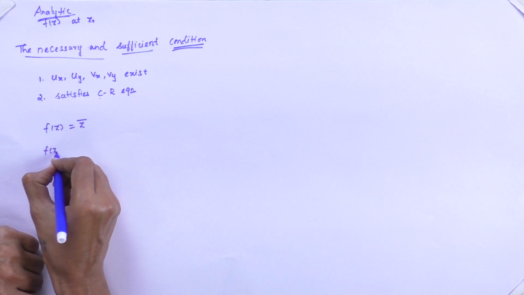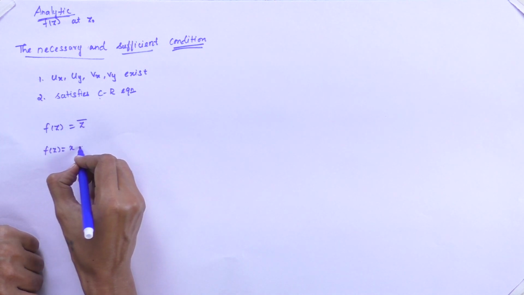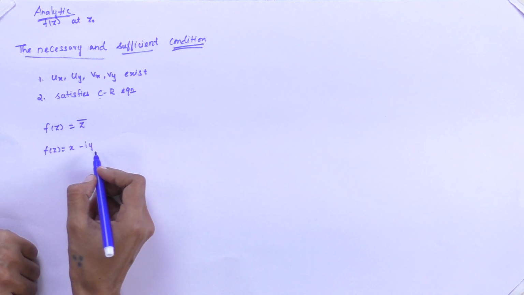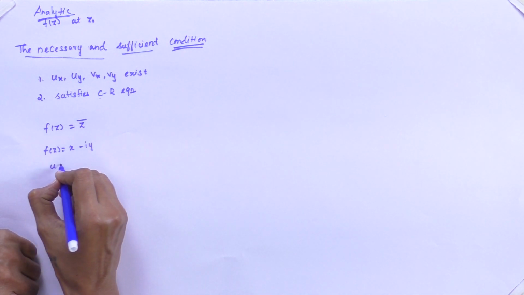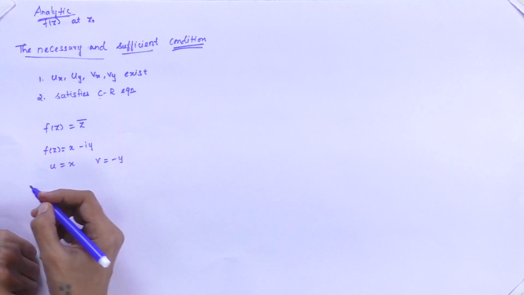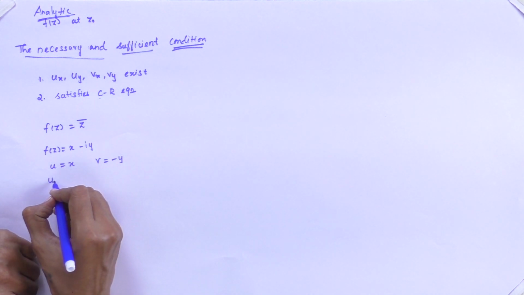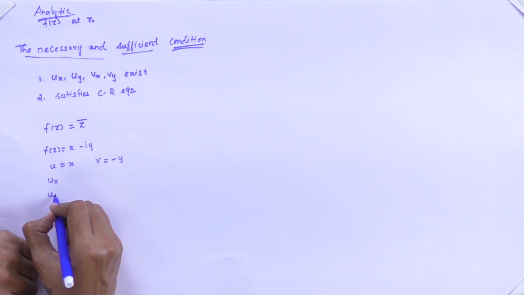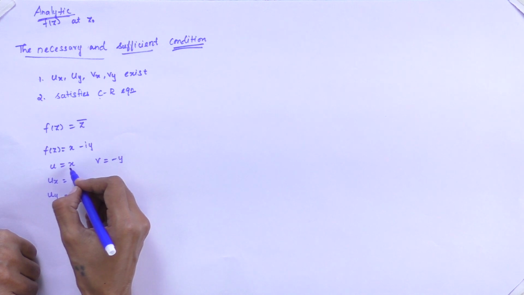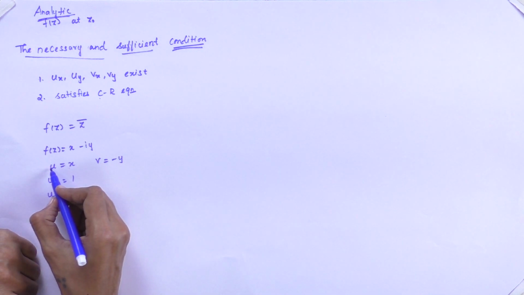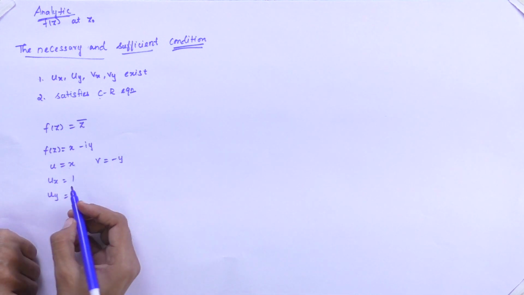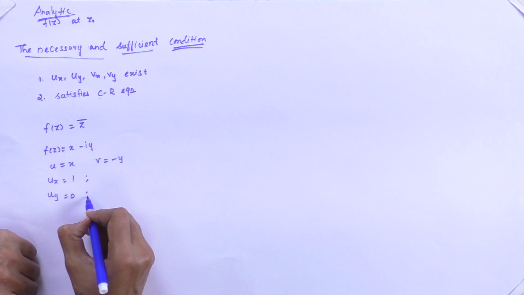Or otherwise, I can prove it this way: f of z equal to z bar can be written as x minus iy. Now take the real and imaginary parts of the given function. The real part u is equal to x and the imaginary part v is equal to minus y. Now partially differentiate u with respect to x and u with respect to y. So it is 1, and we have no y here, therefore when partially differentiating u with respect to y, x is treated as a constant, and the differentiation of a constant is 0.